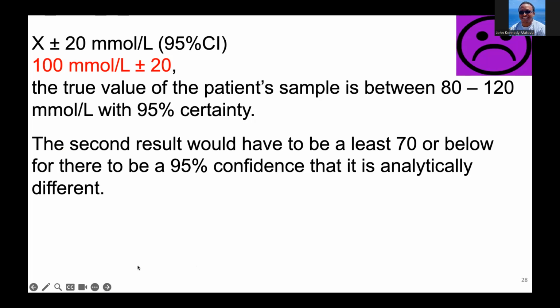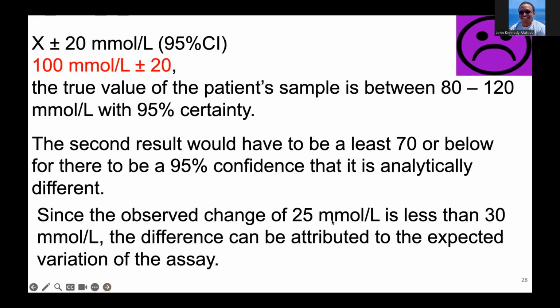It would have to be at least 70 or below to show us that this is different. Since the observed change of 20 millimoles per liter is less than 30 millimoles per liter, the difference can be attributed to the variation in the assay. Okay, so you're looking at 80 to 120.